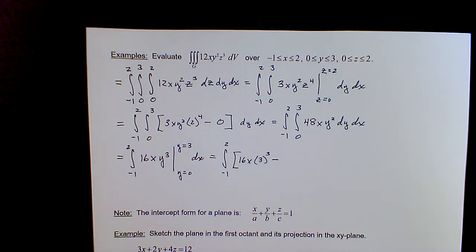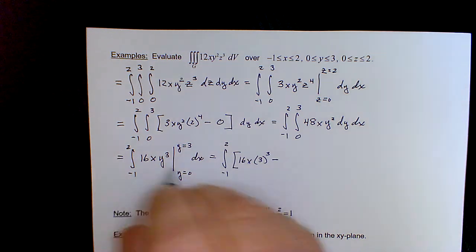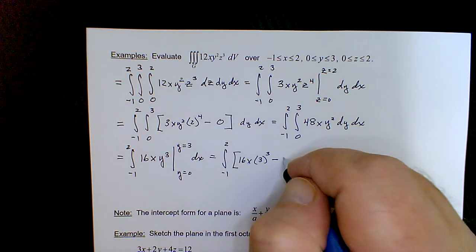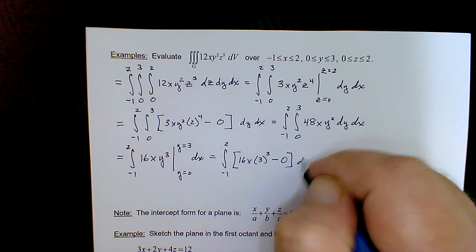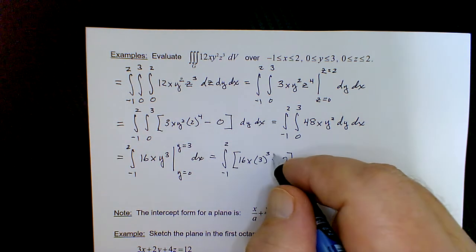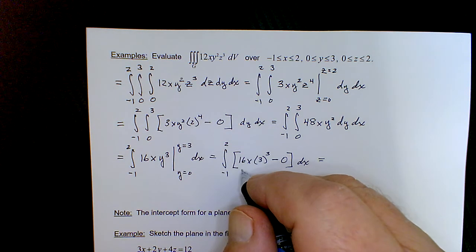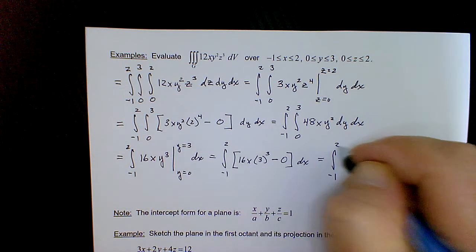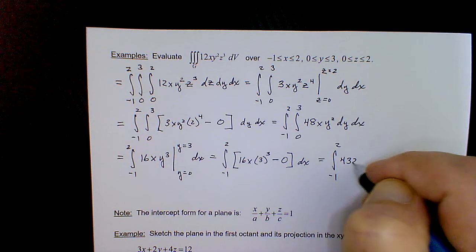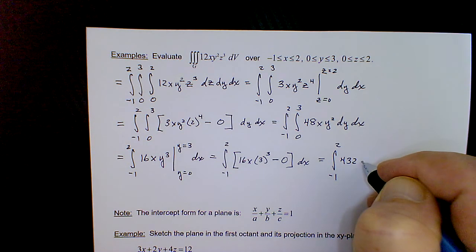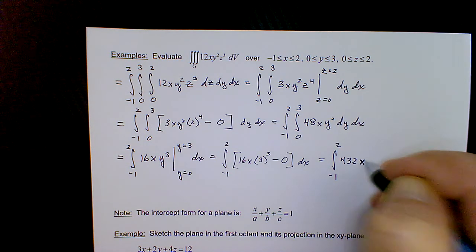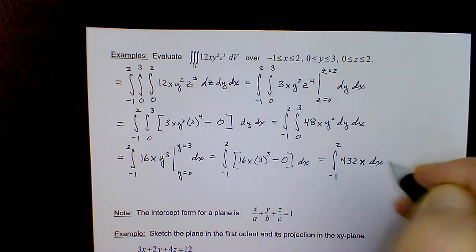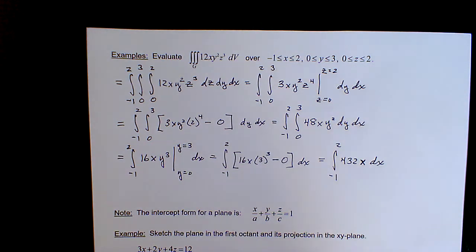And then minus lower limit goes in, but that's a 0 again, so we'll just say -0. That's with respect to x. Okay, so 3 cubed is 27 times 16, probably want to use a calculator there. And it comes out to 432. And we have the x, and this is with respect to x.